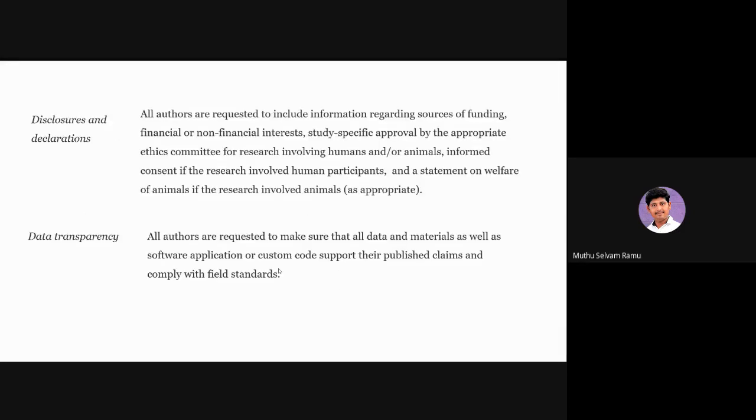If you want the copyright of your publication to stay with you, it requires you to pay money and take the copyright. I have moved to the next slide. I'm still in the disclosure and declaration.